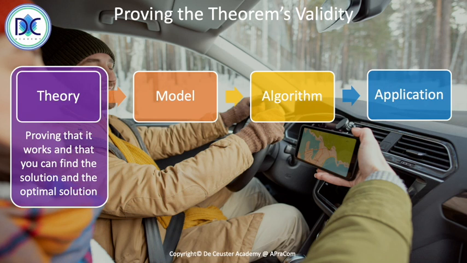We have to prove that what we are doing is working, and that we find a solution, and that this solution is preferably the optimal solution. When we look at algorithms, a very important element when we consider them is that we have to prove the algorithm before we can apply the algorithm. And this is a critical part, because we want to know that the algorithm will always be providing the same result when we do the calculations.